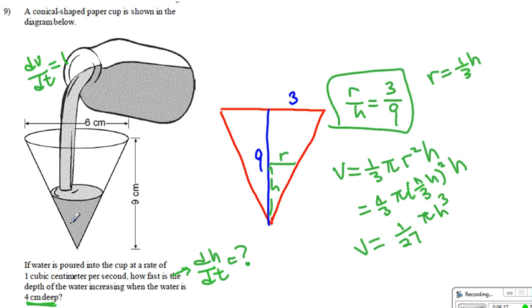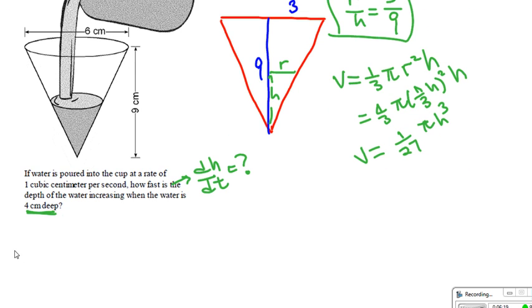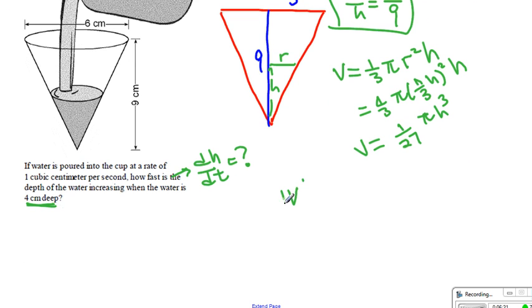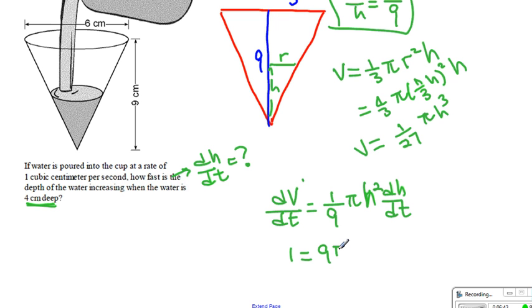So when we take the derivative on each side, dV/dt then is equal to 1/9 pi h squared dh/dt. And we realize that dV/dt is equal to 1, which is equal to 1/9 pi, h was equal to 4, so 4 squared, dh/dt.